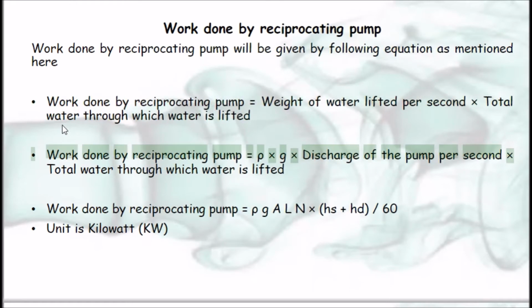Work done equals ρ times g times discharge of the pump per second times total height through which water is lifted. Work done equals ρ g A L N (H_S plus H_D) divided by 60. Unit is kilowatt, kW.